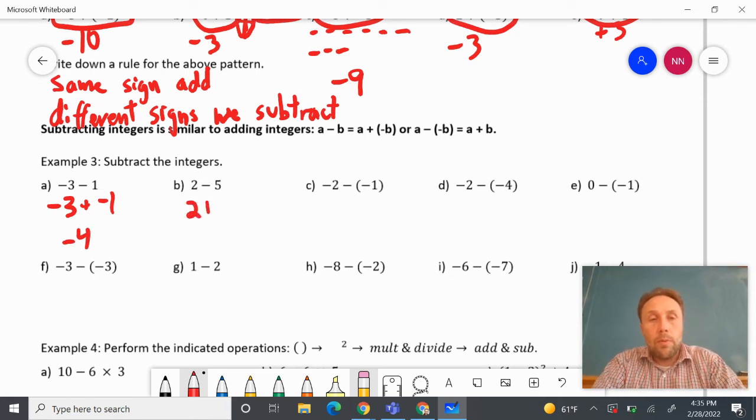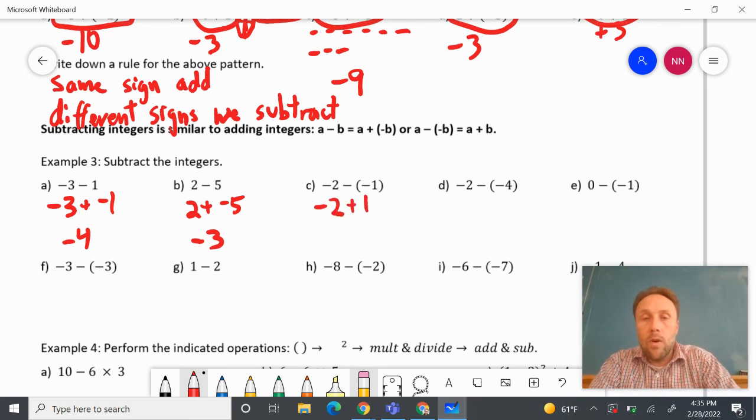I'm going to go 2 plus a negative 5. That's going to give me a negative 3. Now, negative and negative is a positive, so that would be a positive 1. If I subtract a negative, I'm actually really adding 1. So negative 2 plus 1, notice different signs. I'm subtracting. The larger number is negative, so that's why it's a negative 1.